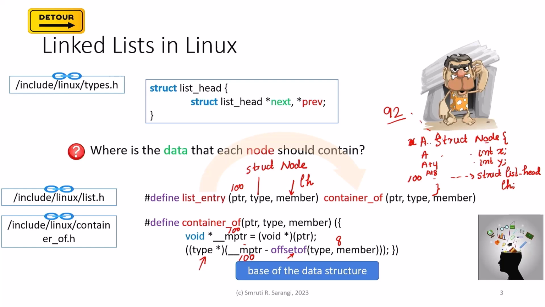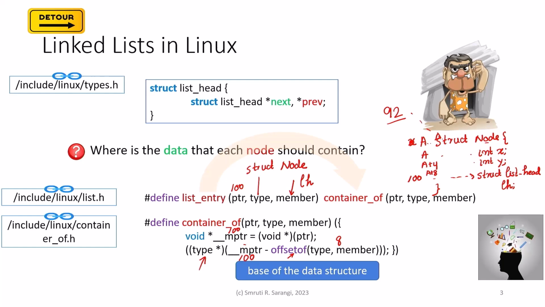You find the offset and you subtract the offset from the pointer, where this is a pointer to struct list head. So you get the base address of the encapsulating structure, which in this case is struct node. This means that wherever you embed a struct list head, you can always get the base address of its encapsulating structure without actually knowing what it was, given the magic of the preprocessor macros.